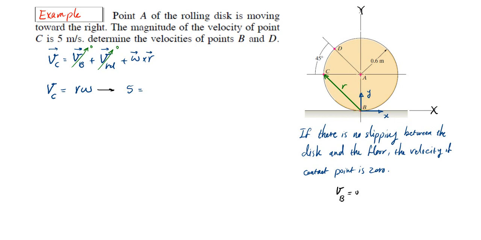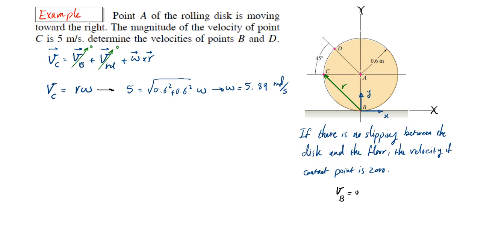Multiply that by omega. So I can actually find omega, the angular velocity of the frame about its origin. That would be 5.89 rad per second.